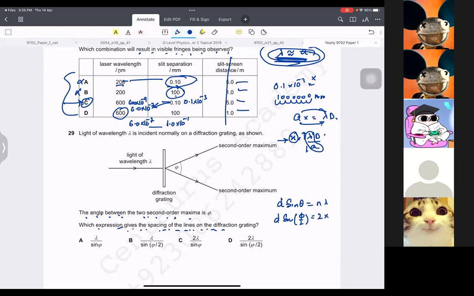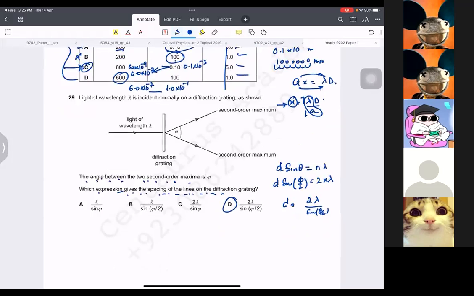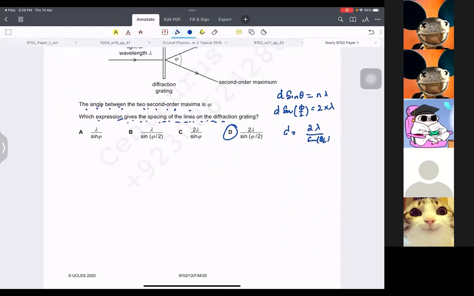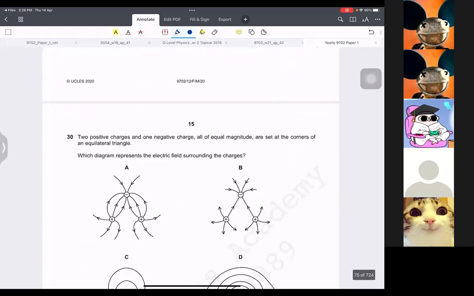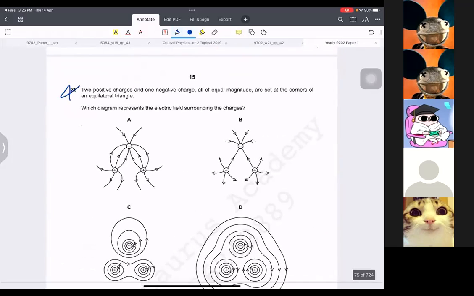And this is 2, and this is lambda, right? So d would be lambda over 2 sine phi by 2. So that has to be this one then. Pretty simple. By the way, the angle's 2 does not come out. Don't make that mistake, okay? Very popular mistake.